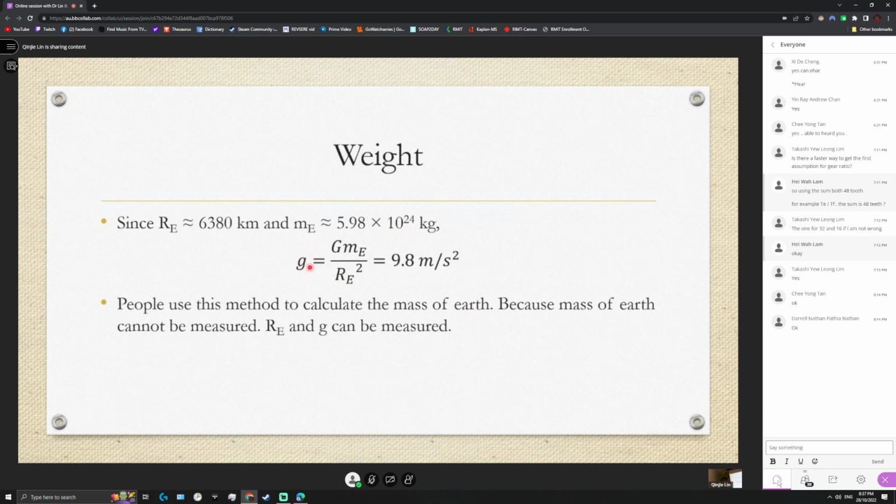You can do a lot of experiments, you keep dropping things from different places, and you can measure what this g is. Then the radius of the Earth can also be measured, because you can technically lay a long ruler or slowly measure it. It can be measured, although it could be tedious. But mass you can never measure because you cannot put it on a scale. So this is the only way to find out the mass of the Earth.